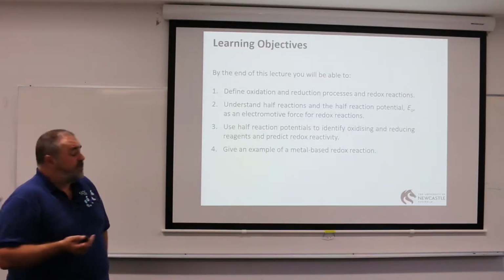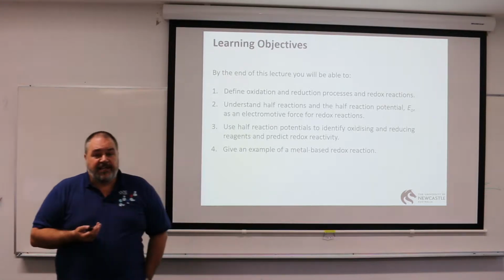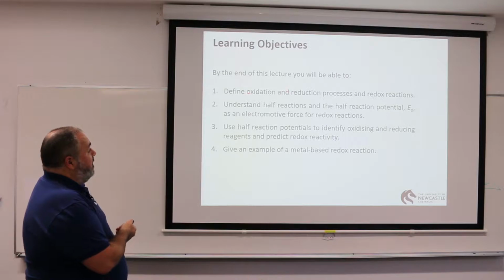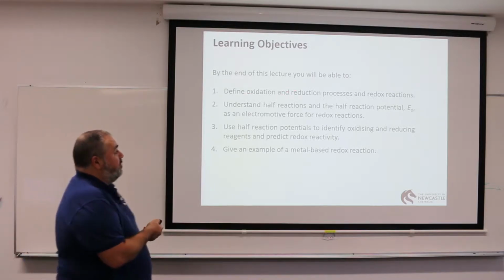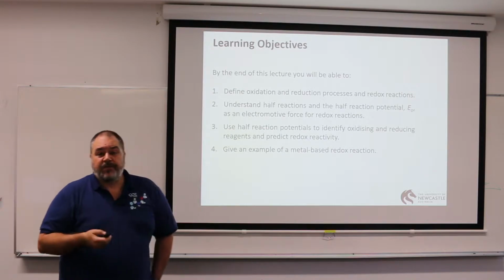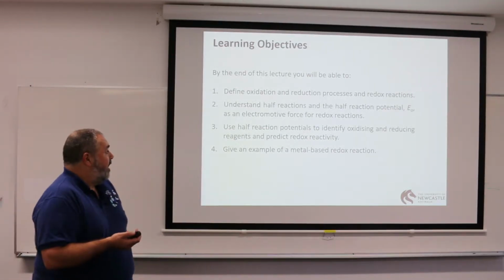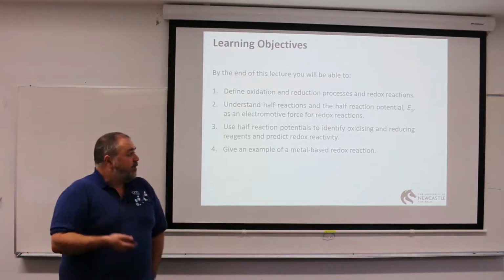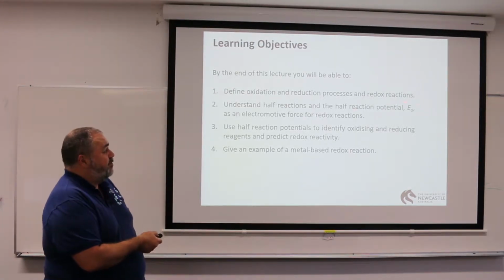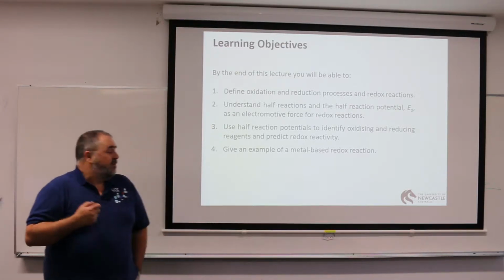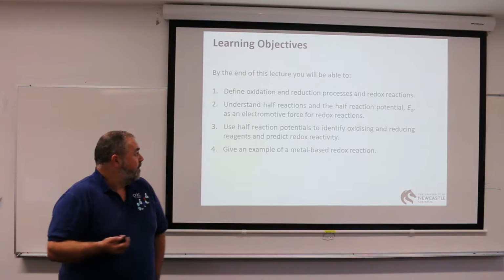So a few learning objectives. By the end of this lecture, I would hope that we will both understand the definition of oxidation and reduction processes and be able to understand what a redox reaction actually is. We will understand what a half reaction is and be able to identify the half reaction potential, E0, and the fact that it can be used as an electromotive force for redox reactions to occur.